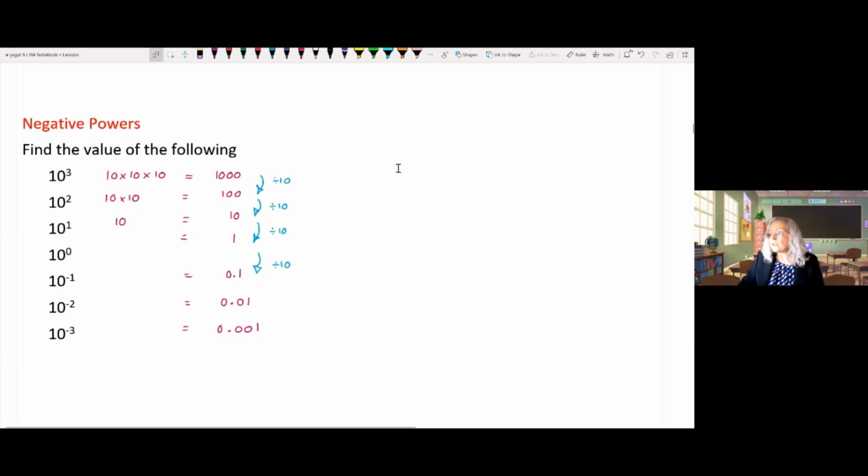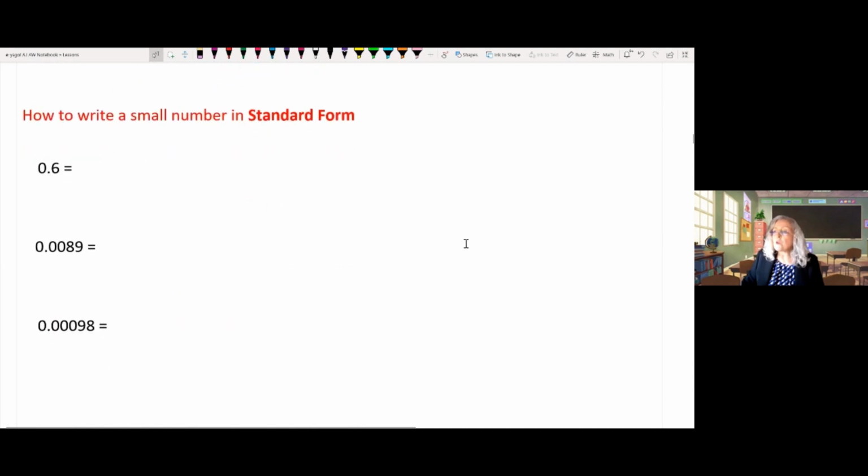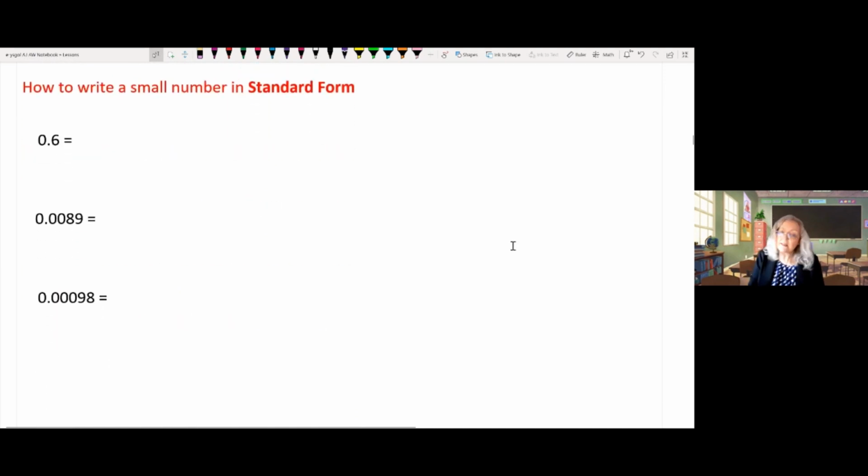Okay, so we need to use that when we are writing small numbers in standard form. So let's look at the first one here. The first one I've got is 0.6. So 0.6, to write a number in standard form, we need to have a number between 1 and 10. So I'm going to need a 6 to start with.